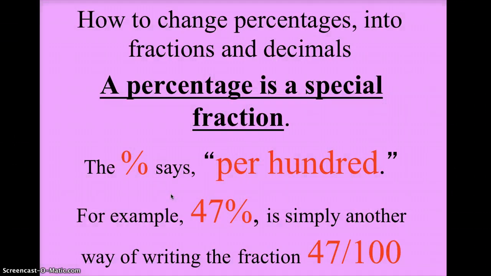Okay, first, how do you change percentages into fractions and decimals? Remember, a percentage is a special fraction. The percent sign always says per hundred. So 47% is really 47 out of 100.